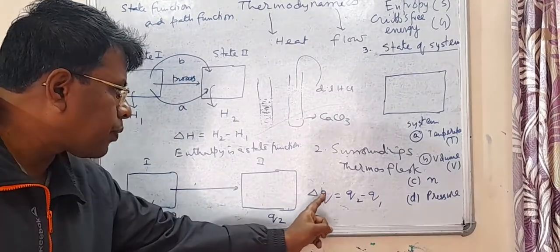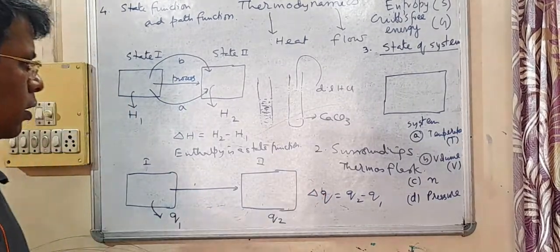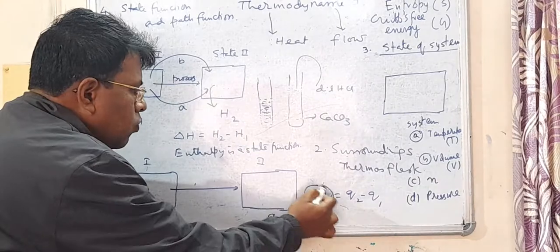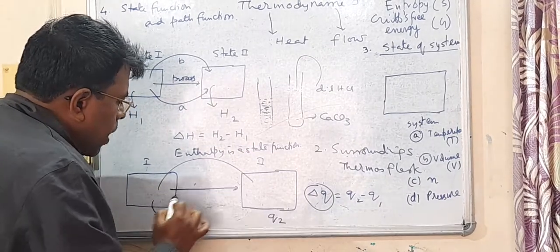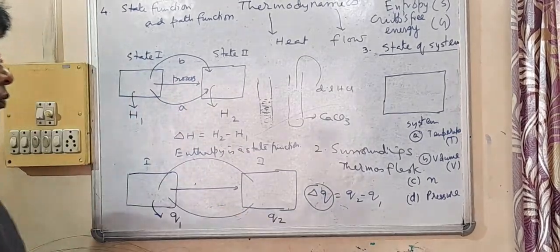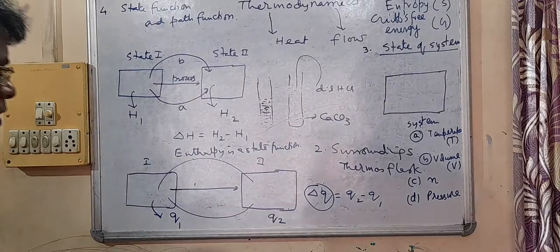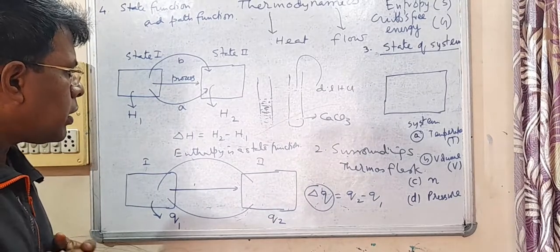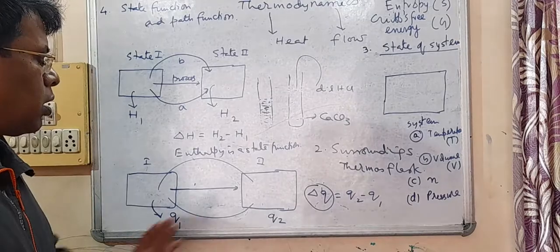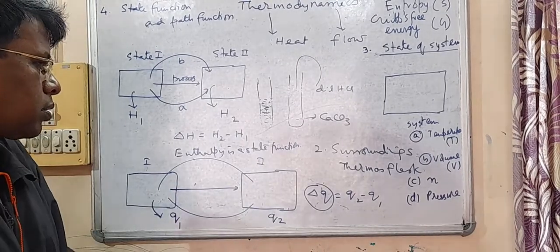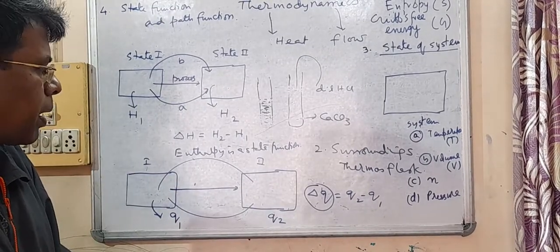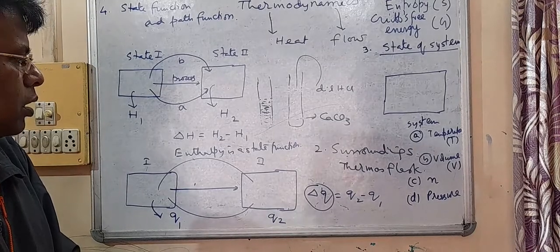Its value will be different. The value of delta Q will be different for different paths followed. And such a parameter will be called a path function. Such a parameter will not be a state function.